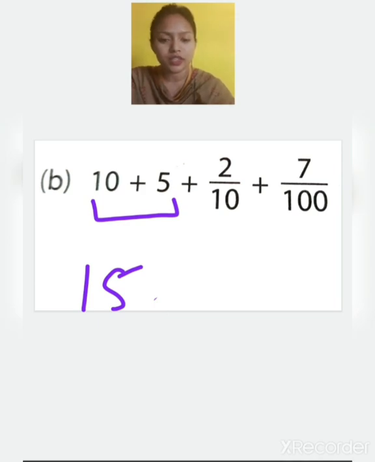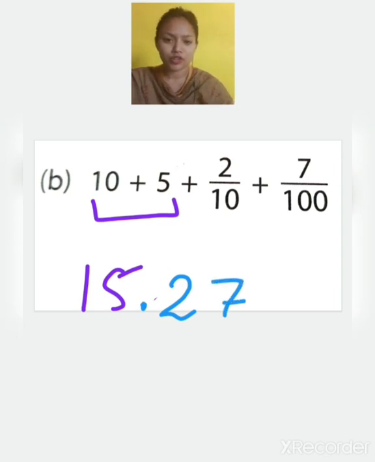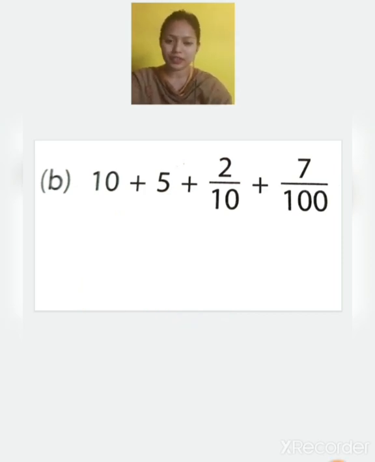Here 2 is on the 10th position, so 0.2, and 7 is on the 100th position. So 15.27 is the answer, or we can say the short form of the given expanded form.